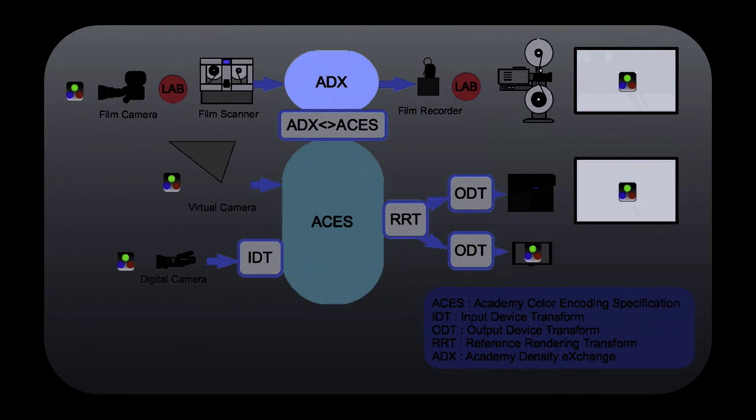on set, during visual effects for the dailies, for the grading. We know that, for example, basic transformations will mean the same thing everywhere, because that was always the problem.